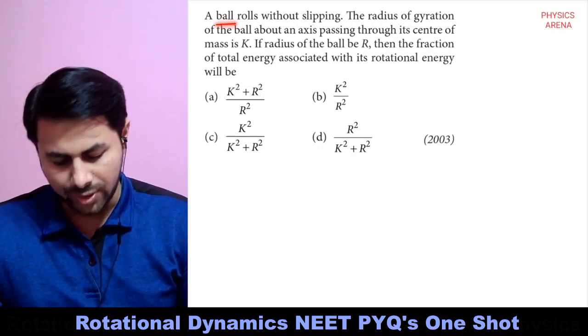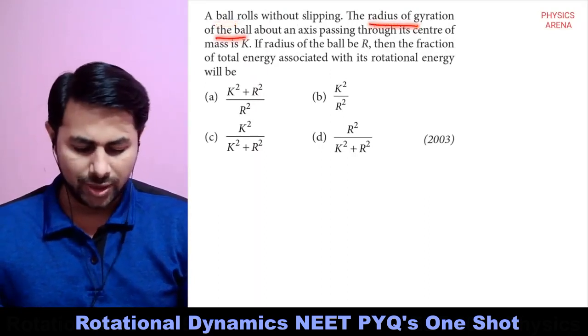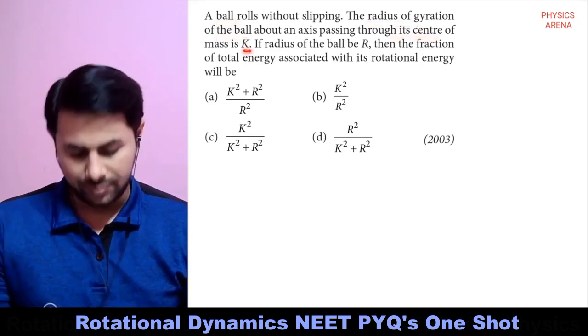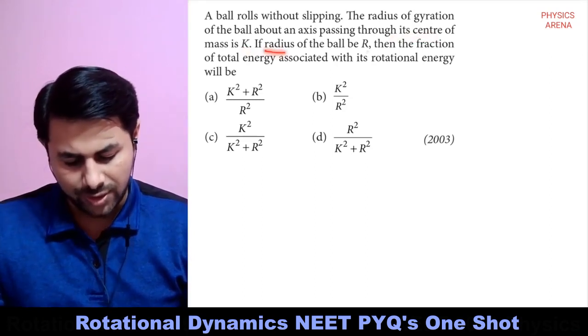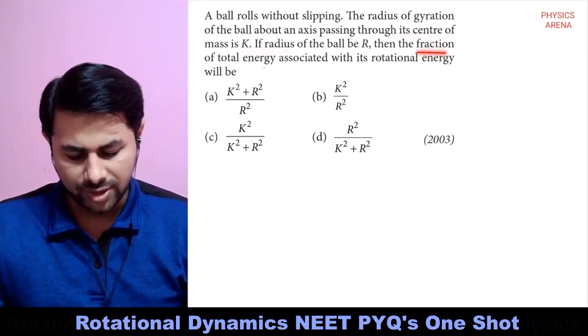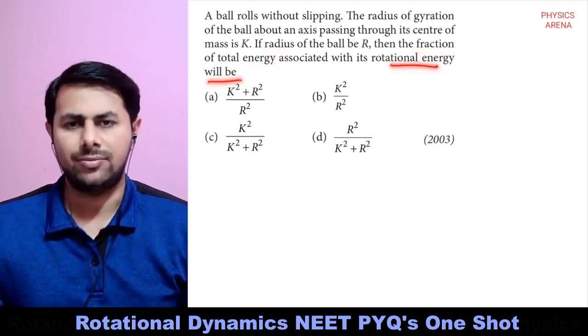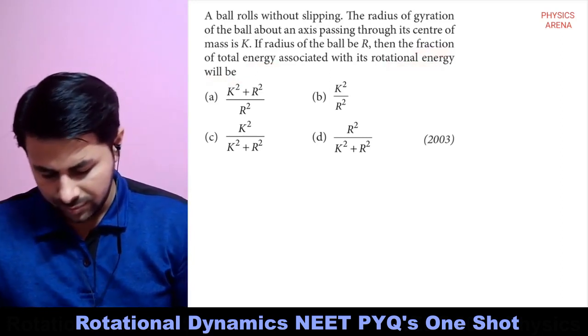A ball rolls without slipping. The radius of gyration of the ball about an axis passing through its center of mass is k. If the radius of the ball be r, then the fraction of total energy associated with its rotational energy will be? Again, this is also a simple question.